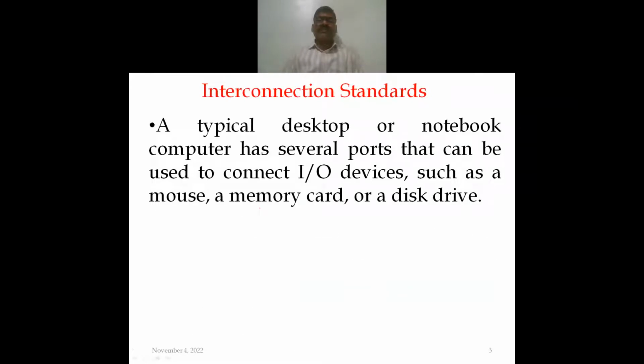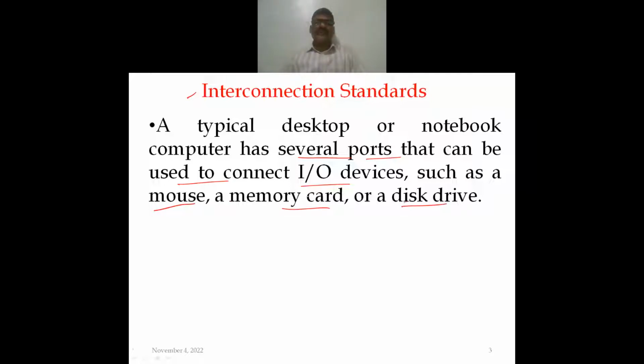USB is one of the important interconnection standards used by typical desktop computers or notebook computers, where we have several IO ports. We connect different IO devices to these ports, such as a mouse, a memory card, a hard disk drive.